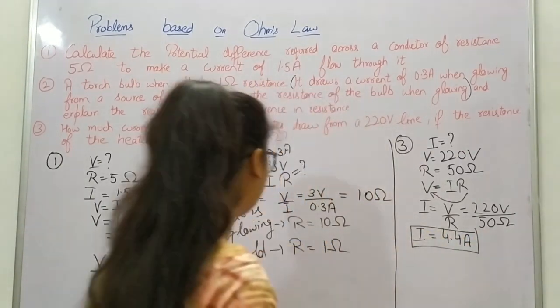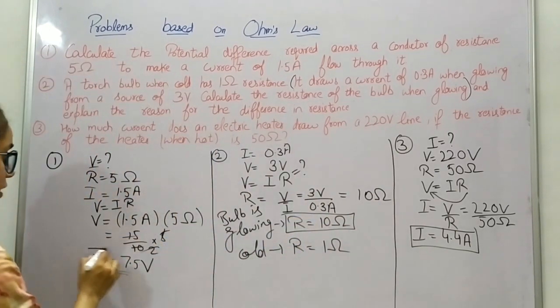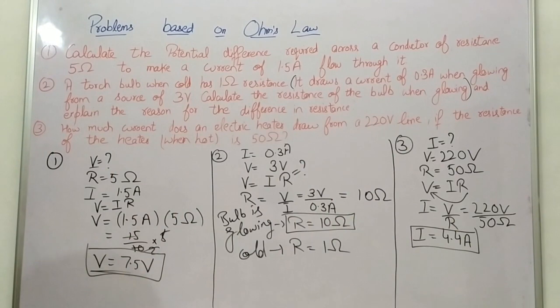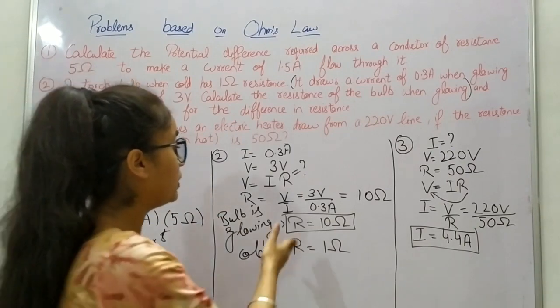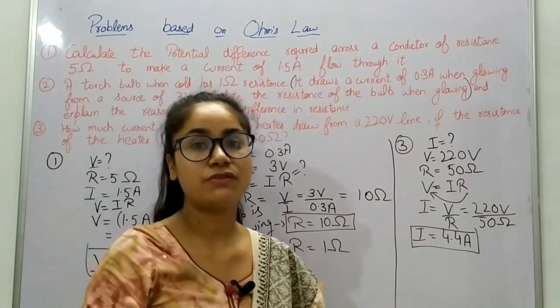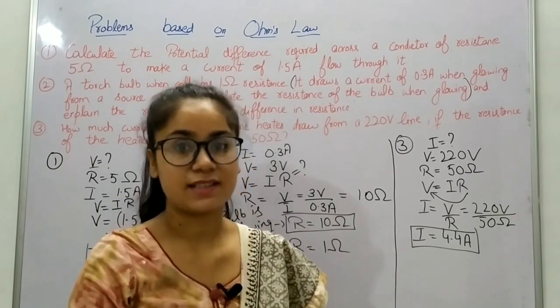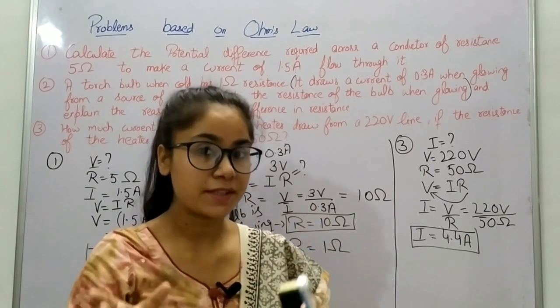So basically we have done 3 problems based on Ohm's law. In the first one, we were required to find the potential difference. We used Ohm's law for that. In the second one, we were required to find the resistance, and also the reason behind the change in resistance when the lamp is cold and when the lamp is hot.